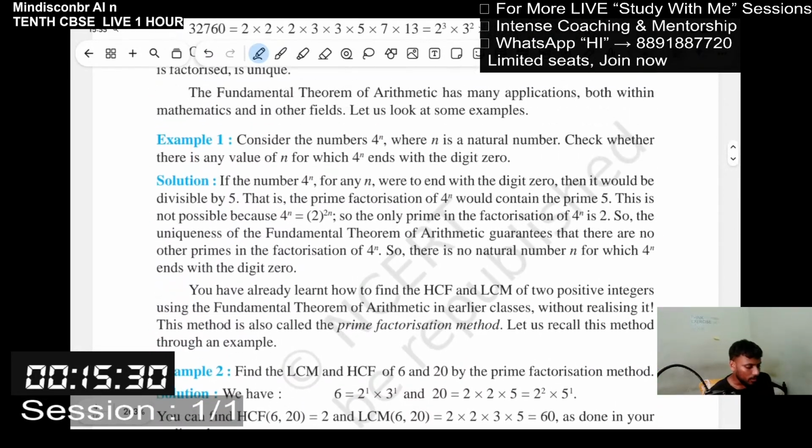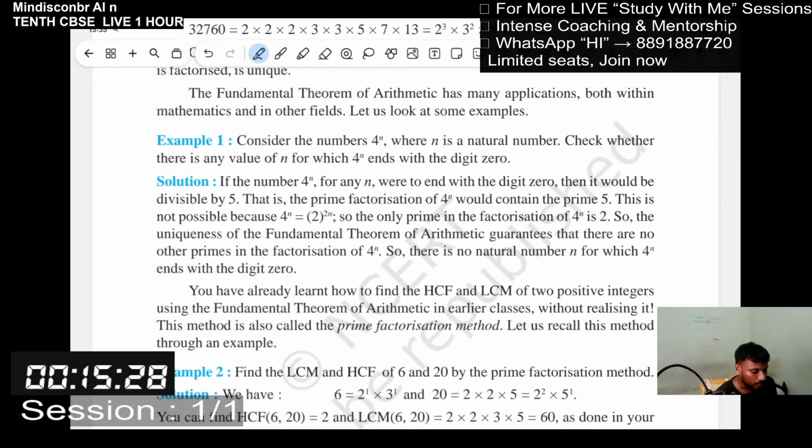We have similarly done a question in example 1. Consider the numbers 4 raised to n where n is a natural number. Check whether there is any value of n for which 4 raised to n ends with the digit 0. This is also the same format as that given in the exercise question. Here first it is said that if the number 4 raised to n for any n were to end with the digit 0, then it will be divisible by 5.